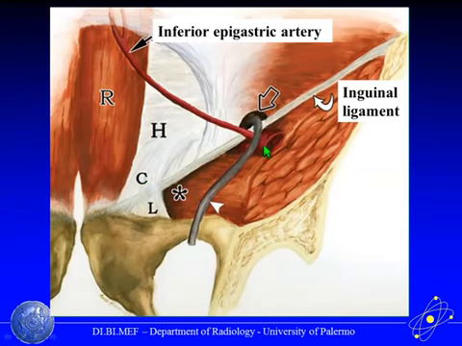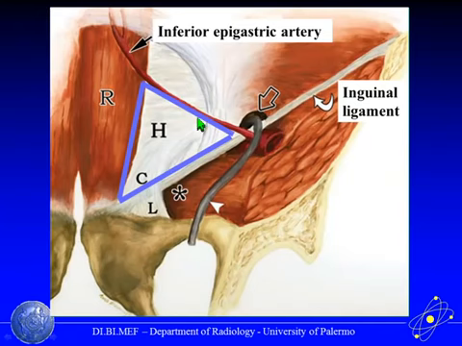This is the femoral artery, and this is the inferior epigastric artery arising from the femoral artery. This is a quite important anatomical landmark. So, look at this triangle formed by the lateral aspect of the rectus abdominis, the medial part of the inguinal ligament, and the inferior epigastric artery.